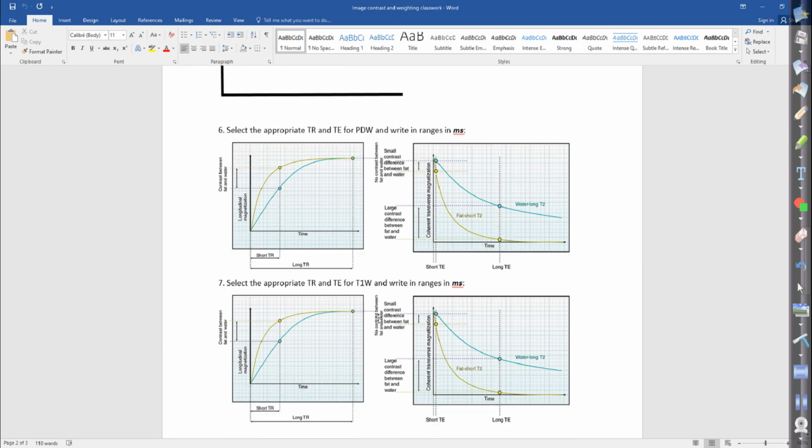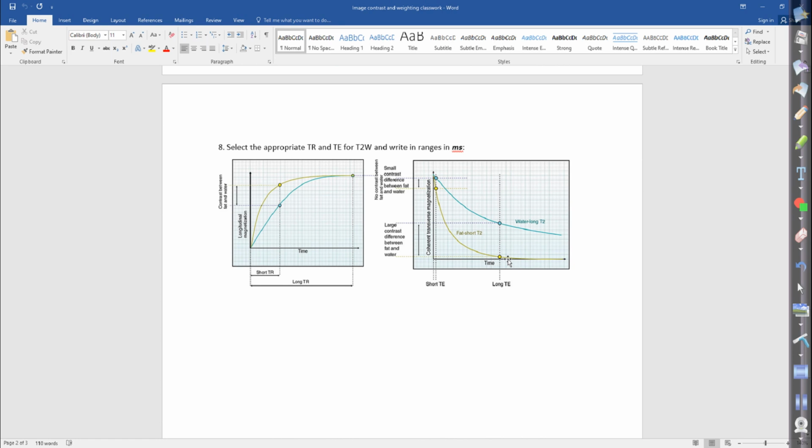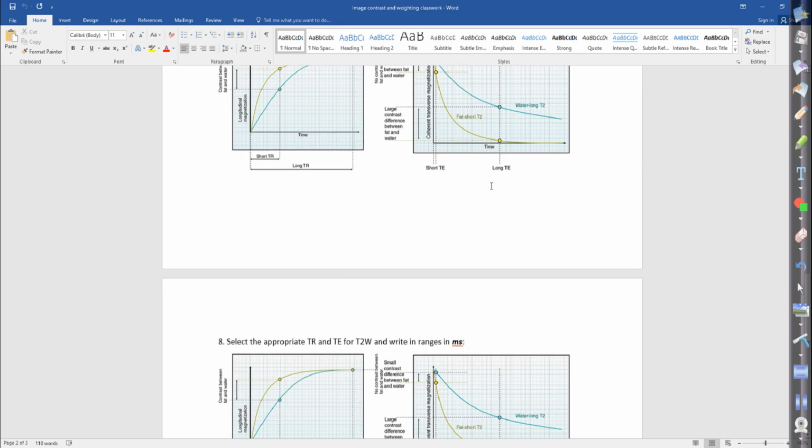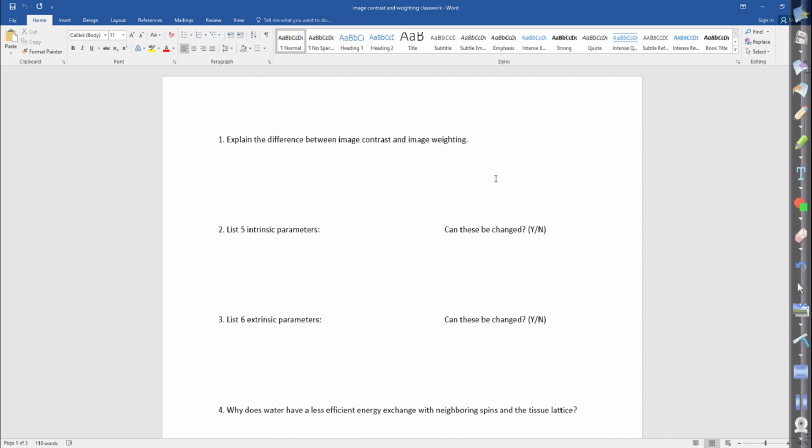So for these, you're just circling if you want a short or long TR or TE, and then writing the ranges in milliseconds. If you have that, go ahead and turn it in. You can leave it right up here.